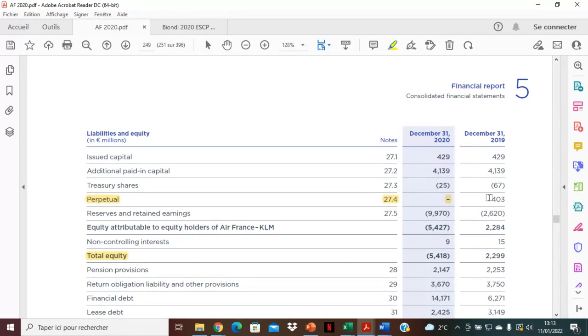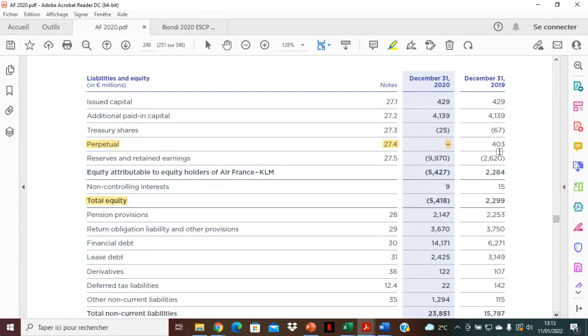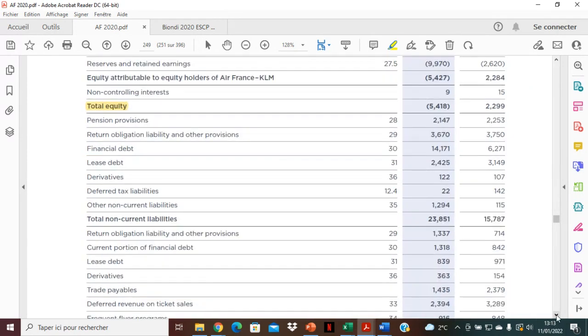And that means as soon as I make the reimbursement announcement, the perpetual bond will be reclassified out of equity into financial debt. More precisely, short-term financial debt, so included here. And then they did this in 2020, and then in 2020 you reimburse that debt because there will be a corresponding cash outflow.